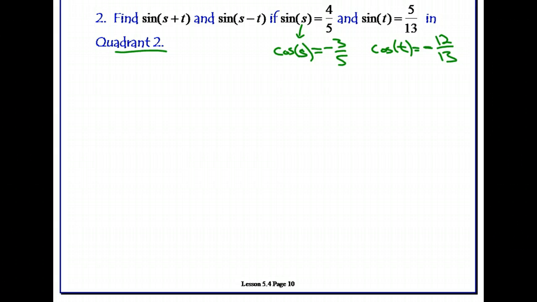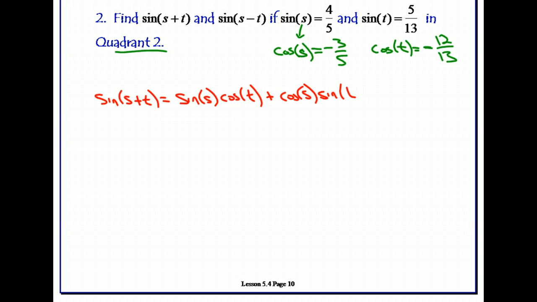And then again, it's just a matter of once you've got that information, then you come back to what's the sine of s plus t: sine of s, cosine of t, plus cosine of s, sine of t. We've got our 4 pieces of information. Sub those in. Sine of s was 4/5. Cosine of t, -12/13.